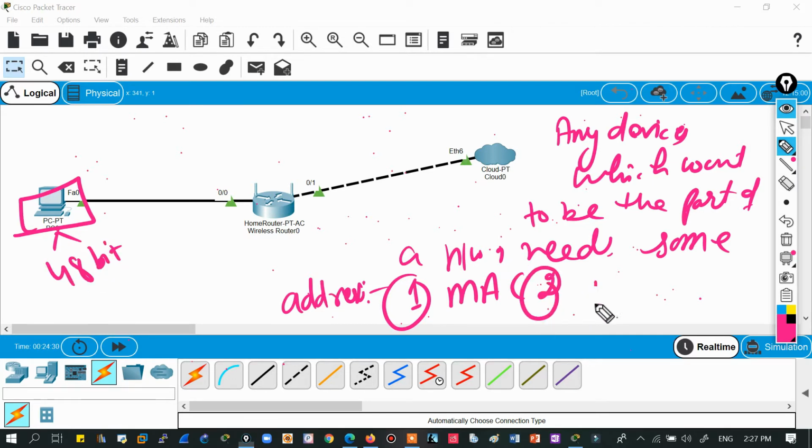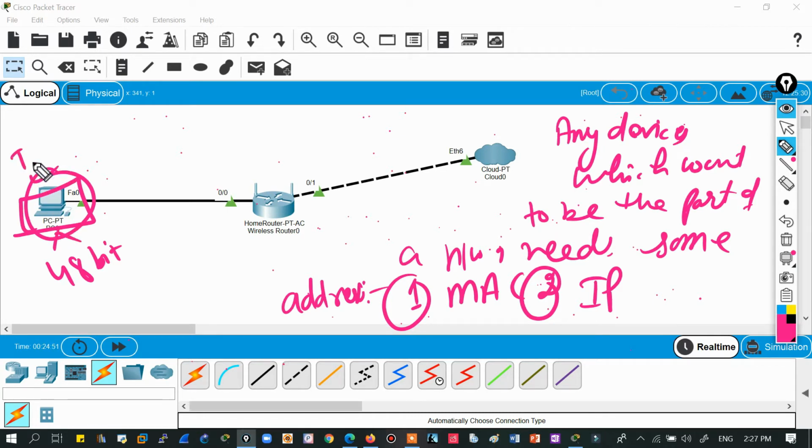Then we need an IP address. Why do we need an IP address when we have a separate address for identification? See, the MAC address was just for your physical identification, so that you can identify this single device among 1 lakh or 10 lakh devices generated by this brand or this company.